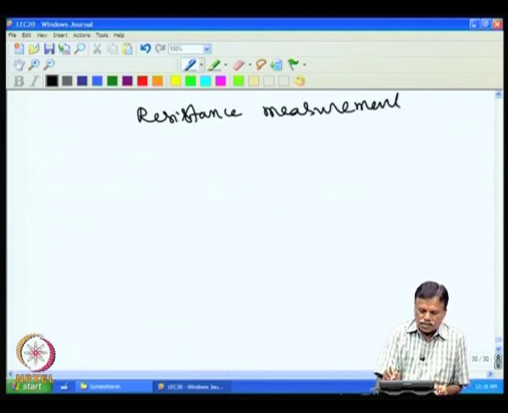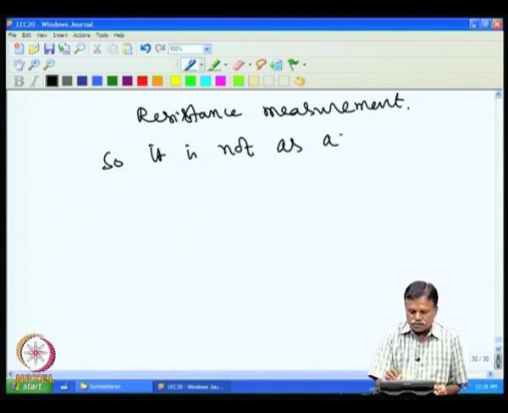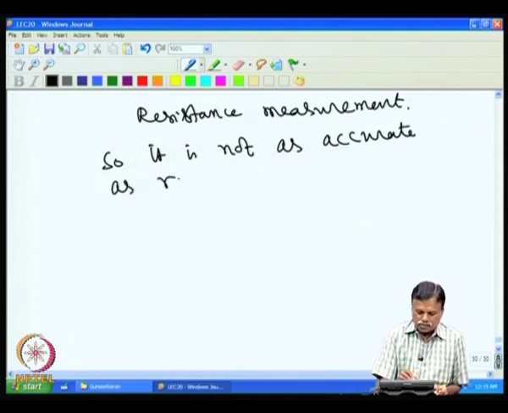So, it is not as accurate as the ratio transformer bridge.